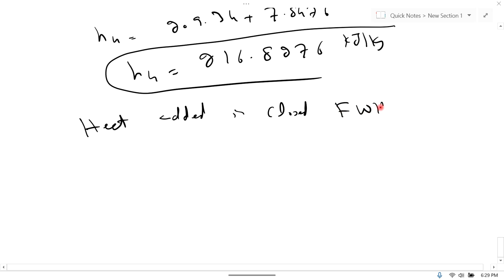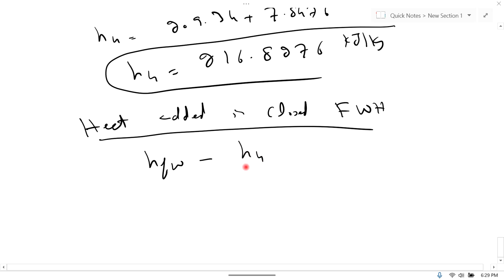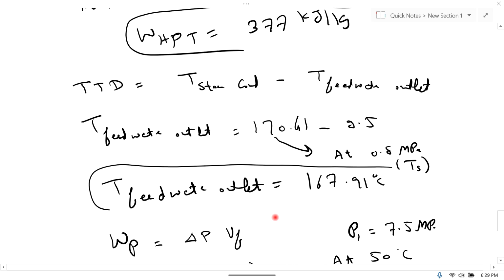And heat added in closed feedwater heater is the enthalpy of feedwater minus H4. The temperature at the feedwater heater is 167.91 degrees centigrade, already determined here.